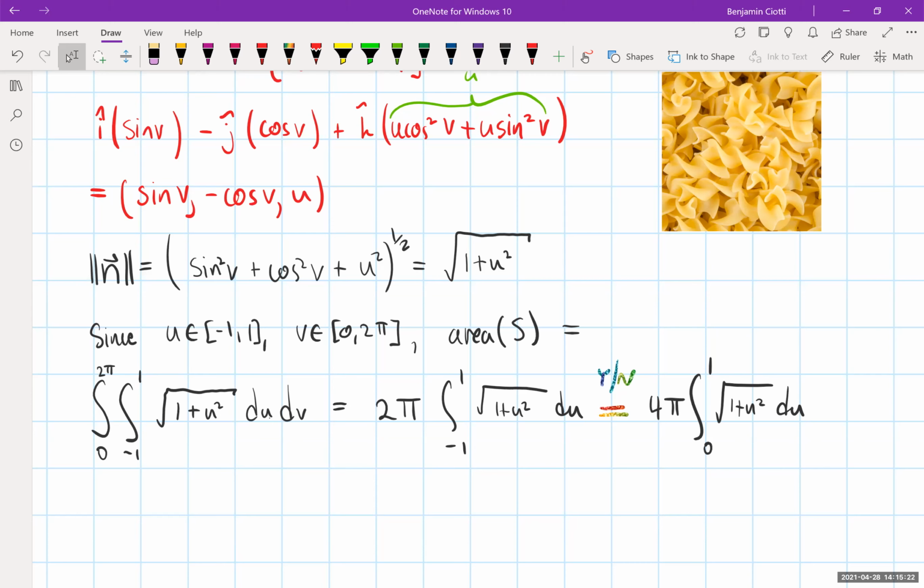Oh, nice. Yes, that is true, because 1 plus u squared is even, and the integral is symmetric.